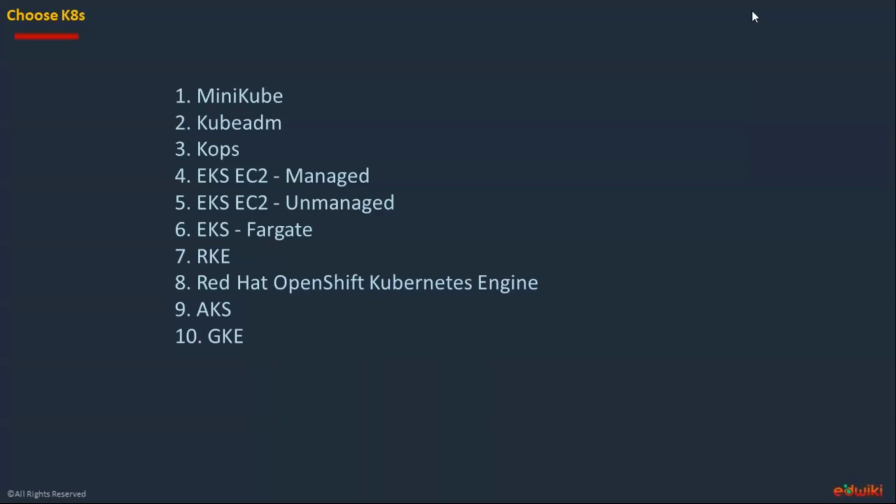Because setting up the Kubernetes cluster is a very complex activity, right? That's the reason everyone is putting their own effort into minimizing it. Rather than running 10 steps, maybe it will help you run only 4 steps. That's how everyone is preparing their own installation methods, and that will give you some flexibility to install.